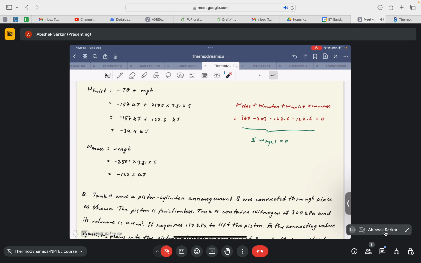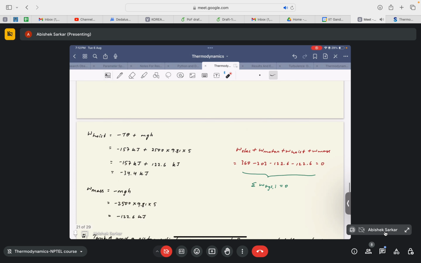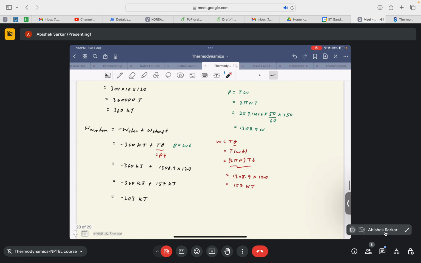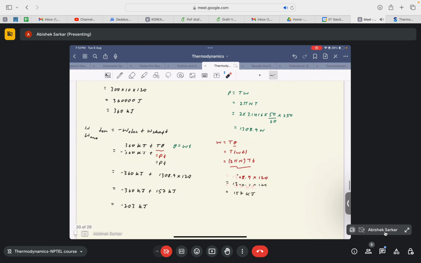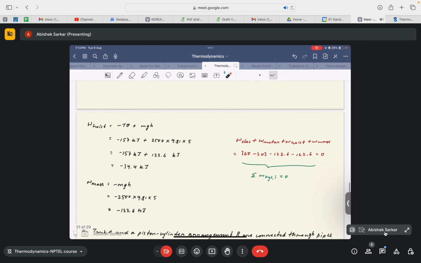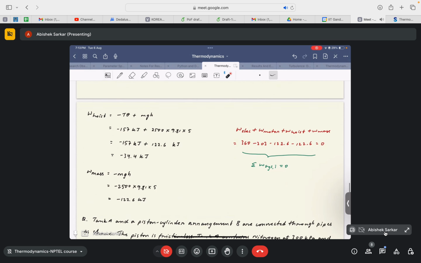Okay. Now the interesting thing is, since we have these four systems interacting with each other, if we sum up all these work interactions from these different systems, we'll get that the net work interaction is equal to 0.